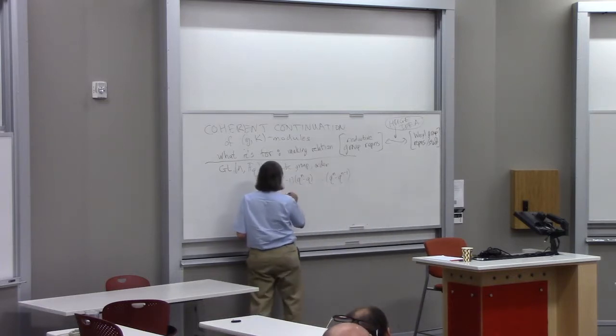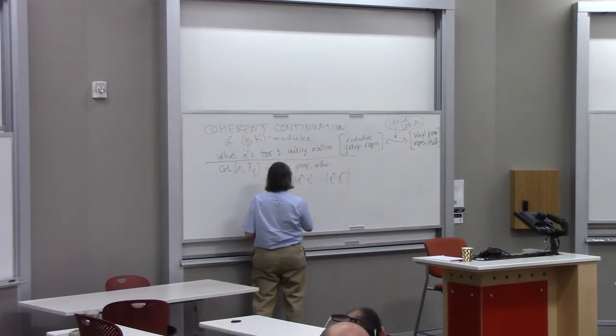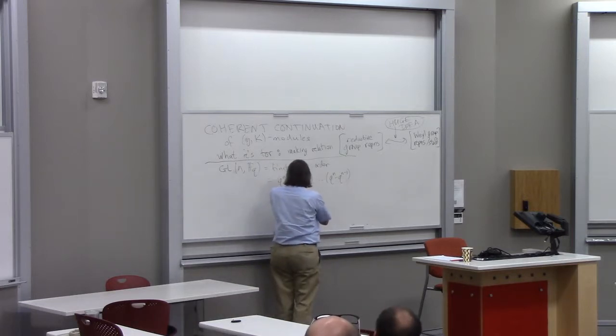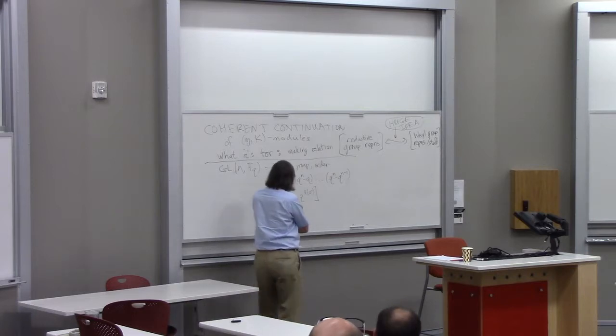Actually, an interesting way is to write it as the sum over sigma in the Weil group of, let's see, q to the power the length of sigma, and then what have I left out?